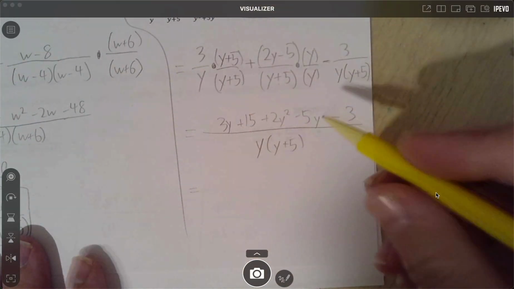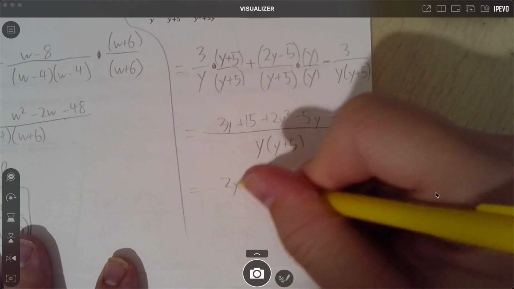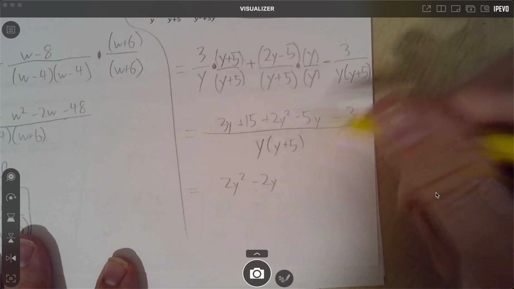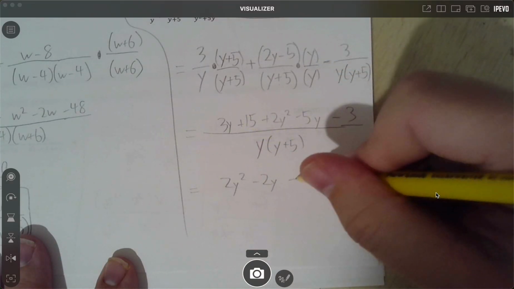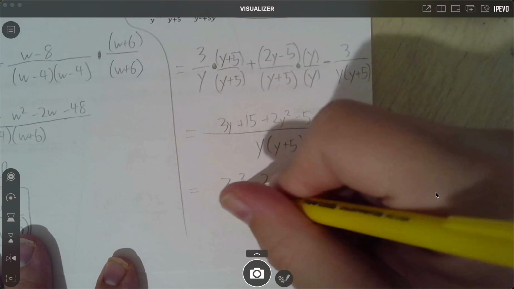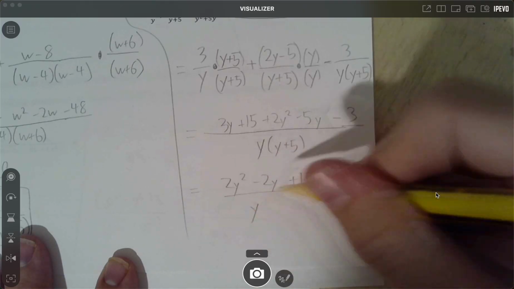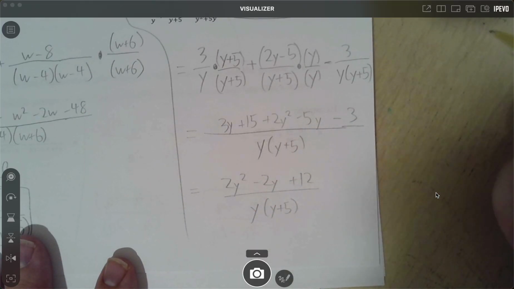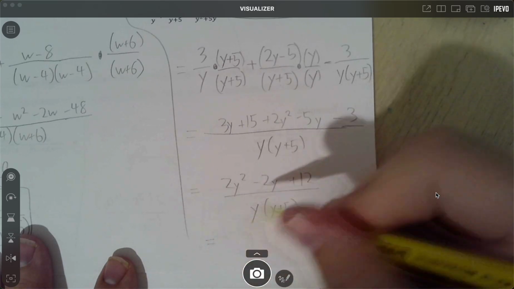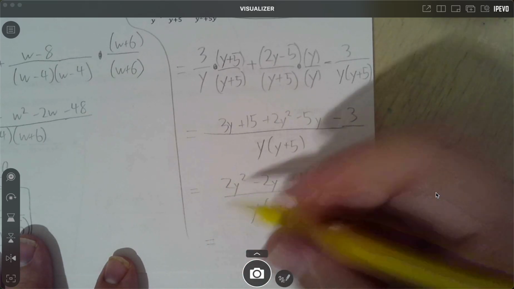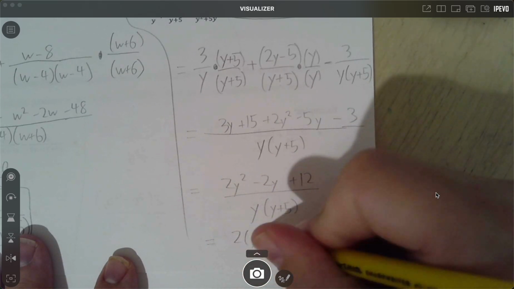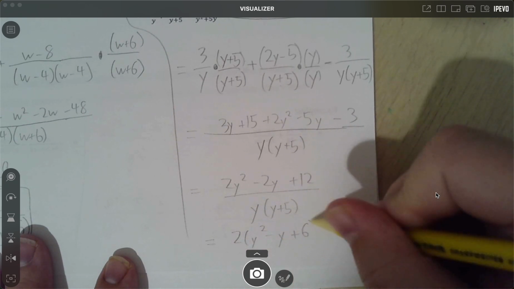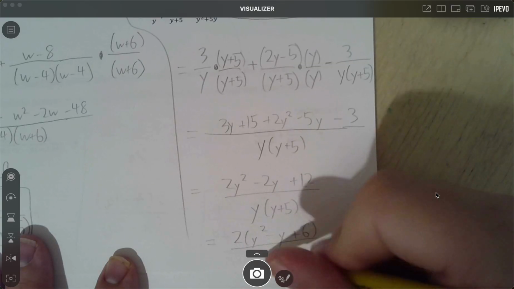What's next is a 2y squared, a negative 2y, and it looks like a positive 12. And we're left with y plus 5. From there, it looks like maybe there's opportunity to factor, so let's double check. If I divide out a 2, I'm left with this.